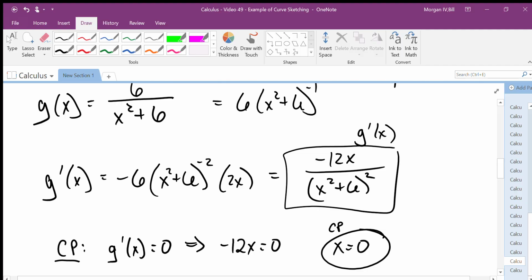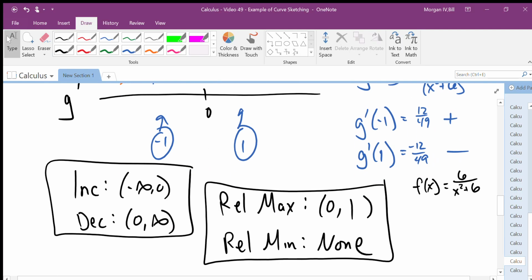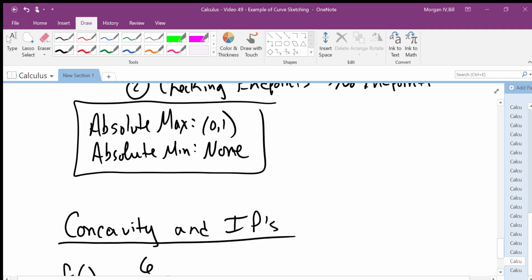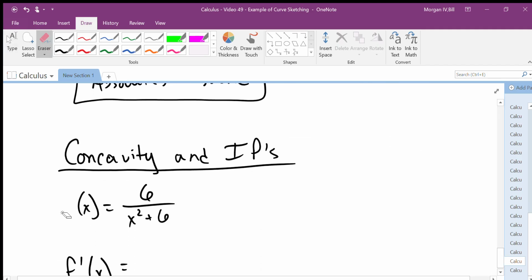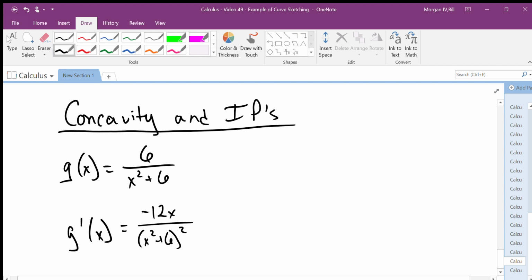Okay, so the derivative was negative 12x over x squared plus 6 squared. Okay, what we need to do to find concavity and inflection points is to find the second derivative.